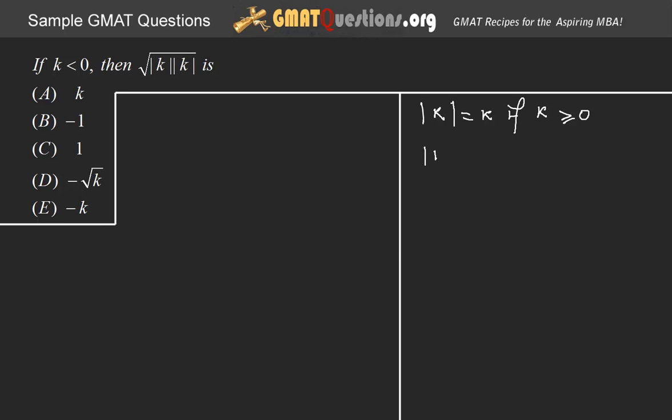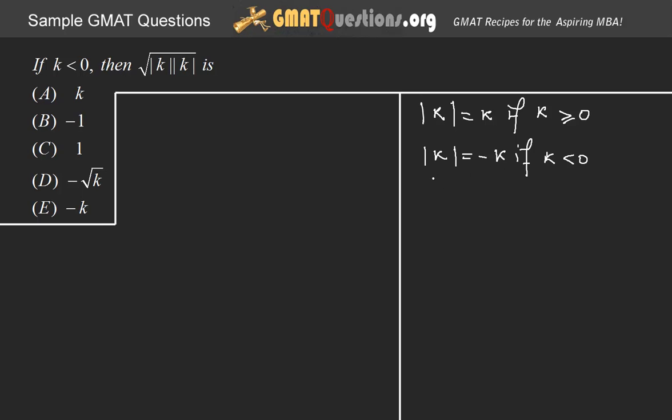But the absolute value of k is equal to negative k if k is less than 0. This negative sign is there. It doesn't mean that the absolute value of k is a negative number. It just means that since k is negative, in order to make it positive, we need to apply the negative sign to it.